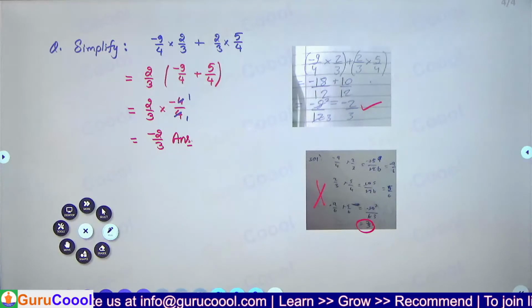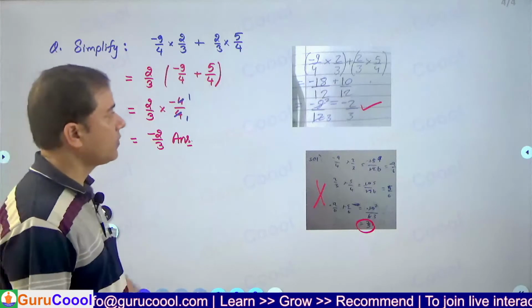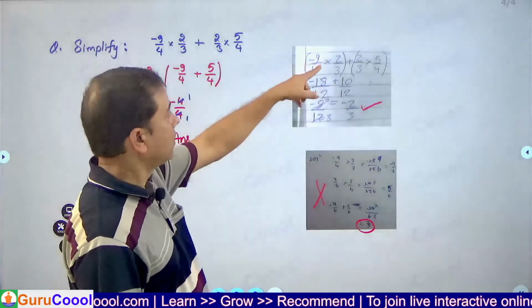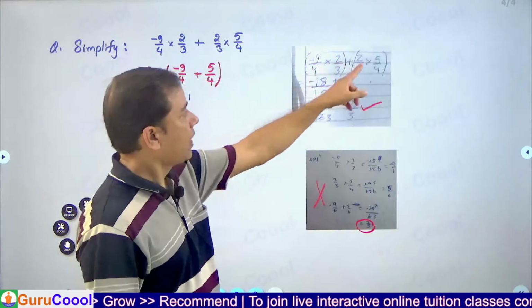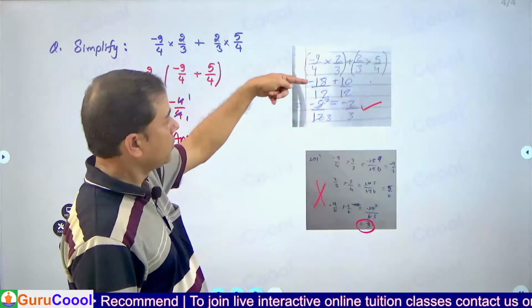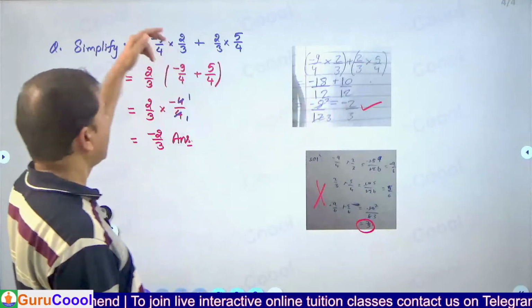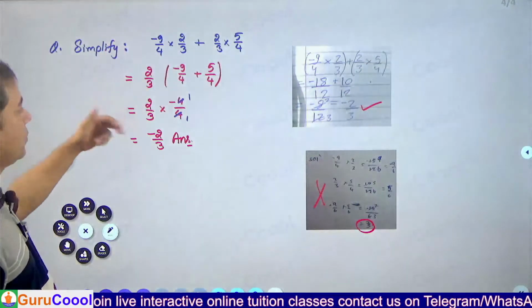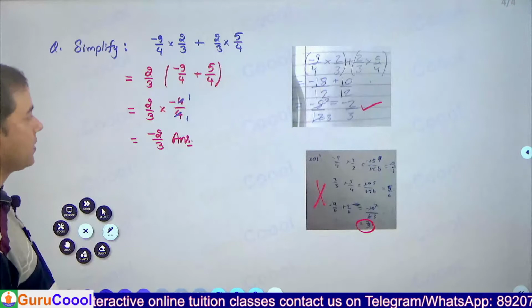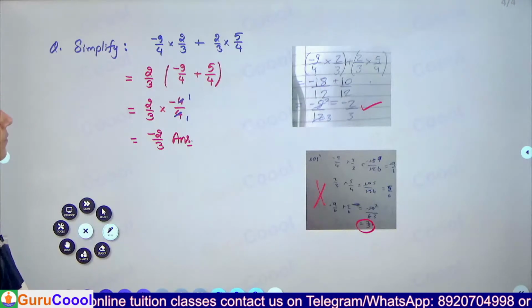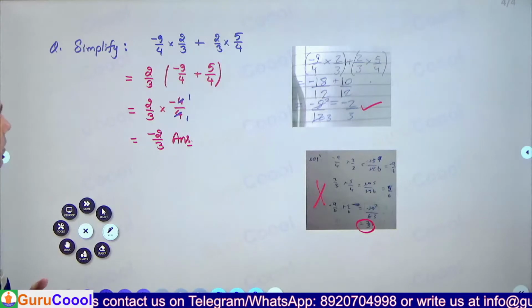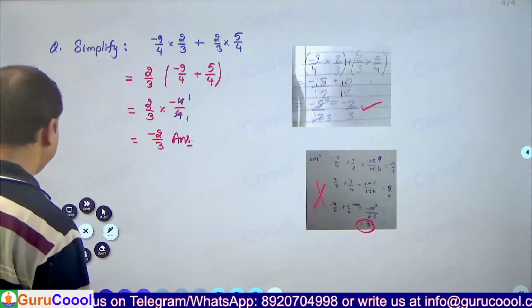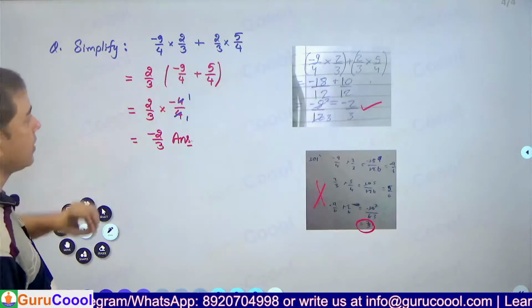See, your work, first you multiplied these two and these two. So 1, 2, 3, 4, 4 steps, and this one 1, 2, 3, 4. Same number of steps. Right? Yes, sir, now I know. And it will take lesser time to finish.